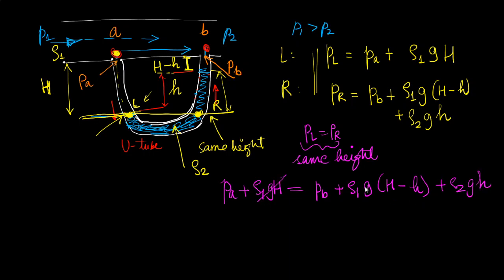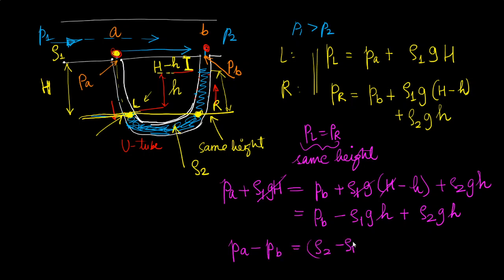Now rho 1 GH and rho 1 GH cancel, and on the right hand side we have PB plus rho 1 G, rather this minus h, so instead of the plus there will be a minus sign, minus rho 1 G h plus rho 2 G h. Therefore, the difference in pressure between point A and point B is equal to rho 2 minus rho 1 times G times H.